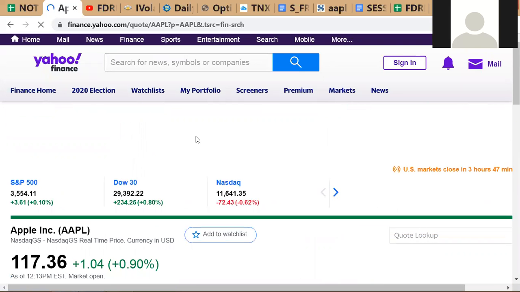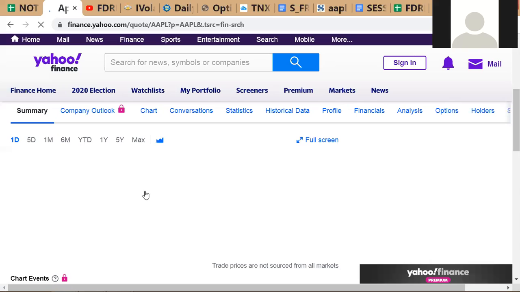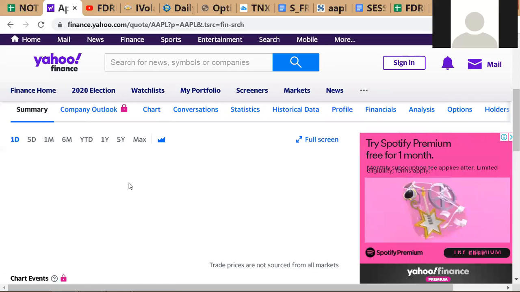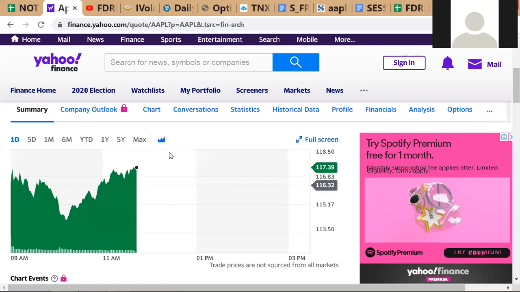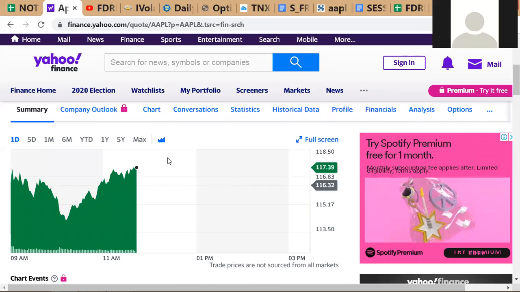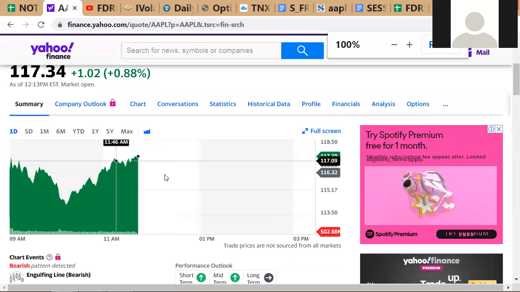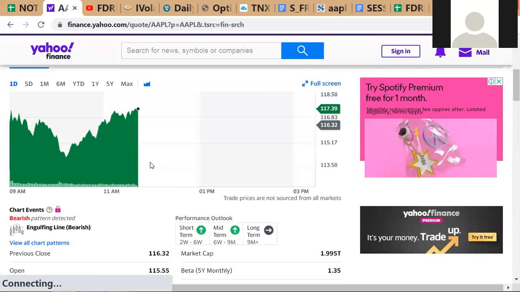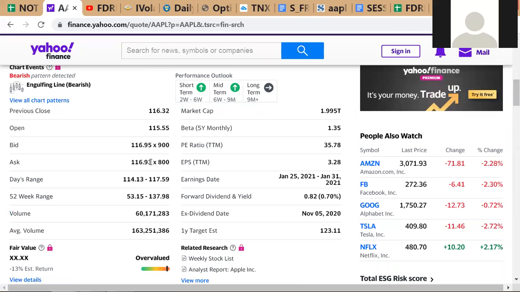All right, so 117.36. Now here you see in the summary, this is one way to find it. You can find dividend yield in a lot of other places. I'm sure FinViz will also have it, but let me show you how to get this summary. Here, dividend yield.